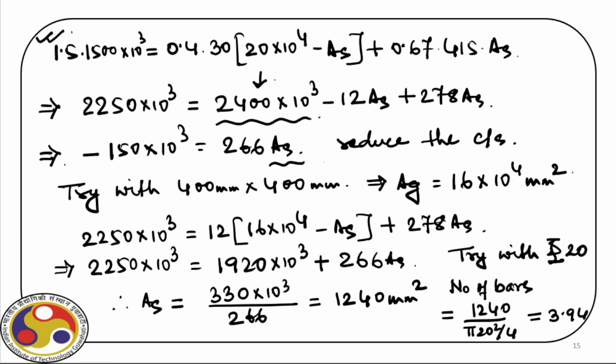And because we have a rectangular column, we can design it with 4 number of bars. So effectively we have longitudinal bars 4 number 25 bar.